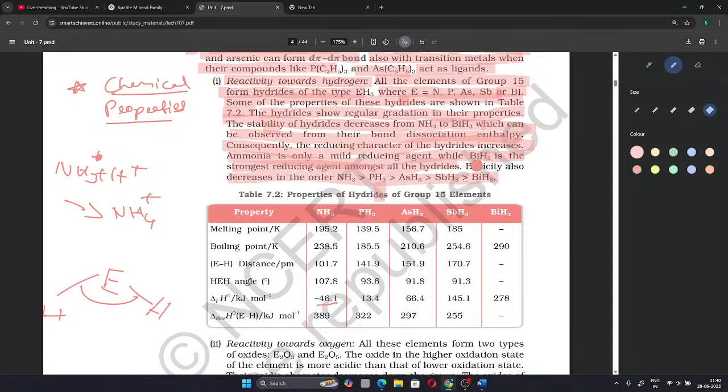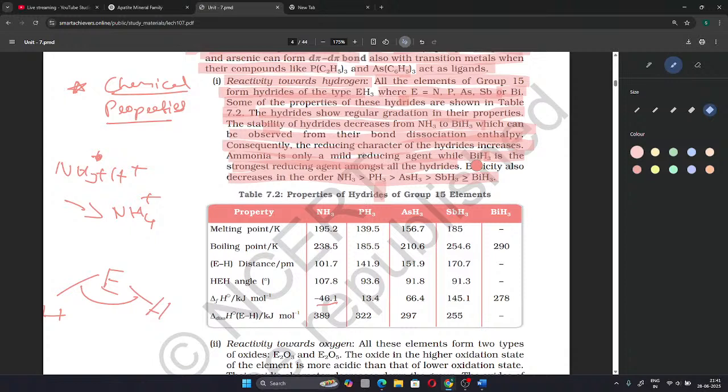So basically there are 3 points in the reactivity towards hydrogen, where the nitrogen group elements will form EH3 compounds with hydrogen. The first point, the stability of these hydrides decreases from ammonia to bismuth, which can be observed from the bond dissociation enthalpy.